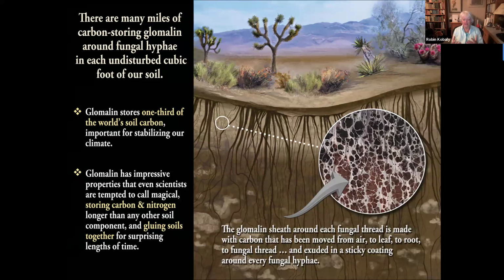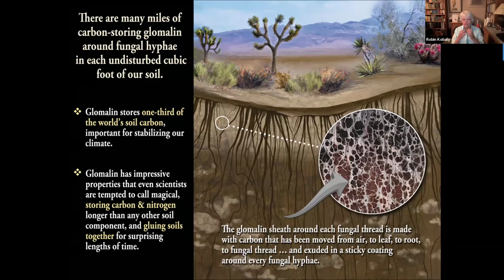Underground, we have all of this organic carbon storage, besides all the inorganic carbon storage we're getting because of this exhale underground. So we have this glomalin that stabilizes the nutrients underground.